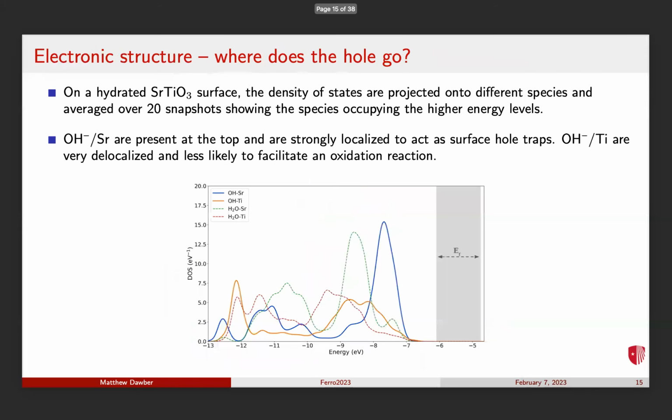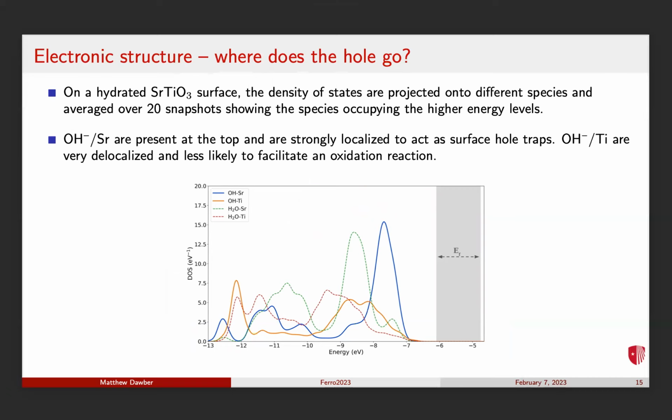And when we look at it in more detail, one of the questions we want to know is, where is this hole that we're getting going? So where's the potential trap? You can assess this by looking at this hydrated surface. We look where the OH minus and the strontium is, and we see that it is present at the top of the surface, and they're strongly localized, so these will act as good surface hole traps.